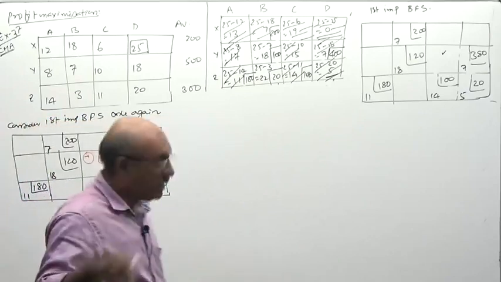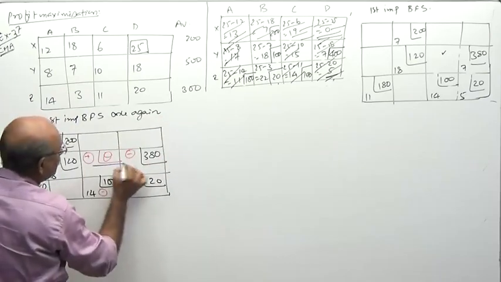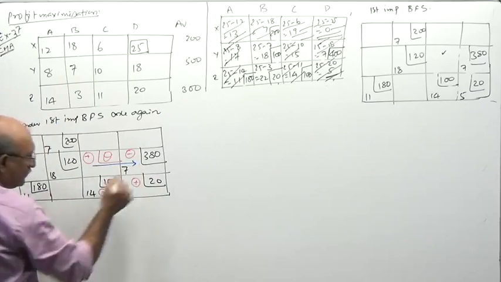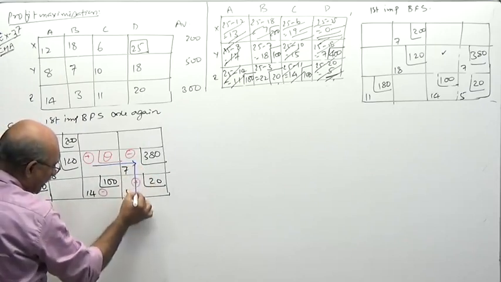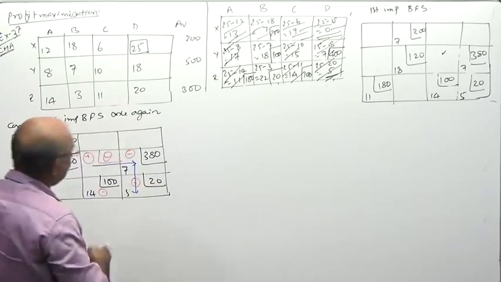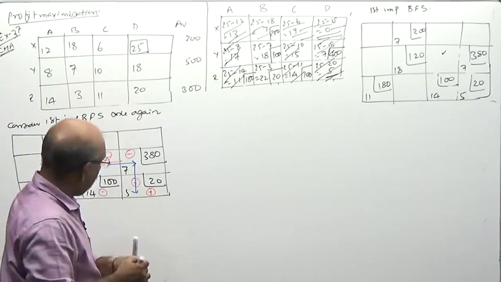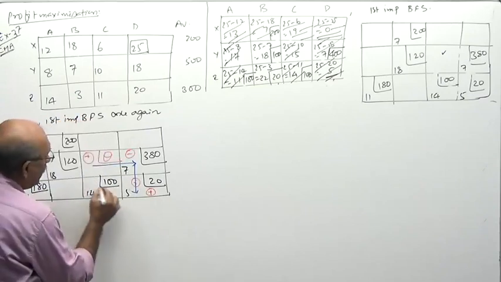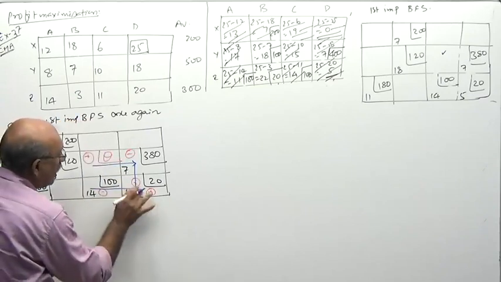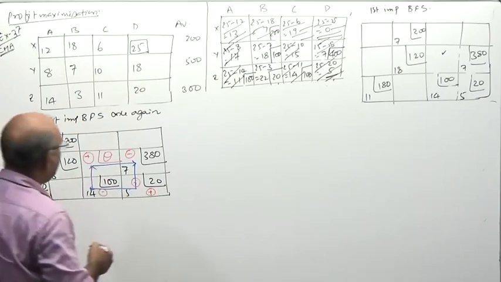Okay. So look at this loop I am forming with the blue pen, sir. Horizontally I moved here. Vertically again coming back. Again moving horizontally, reach the original spot.